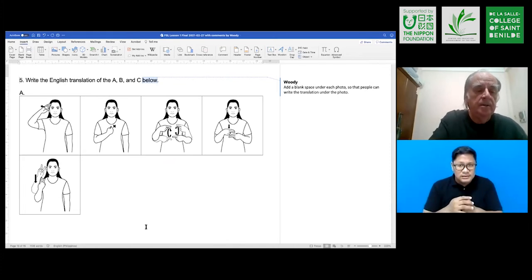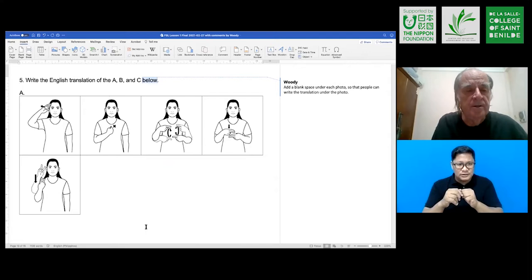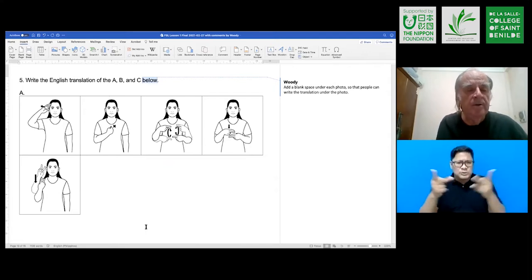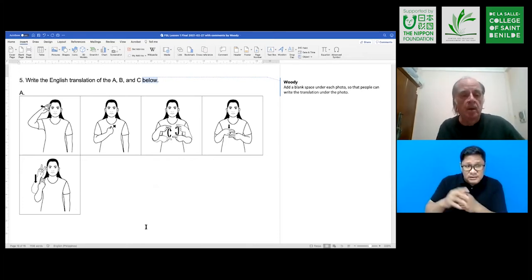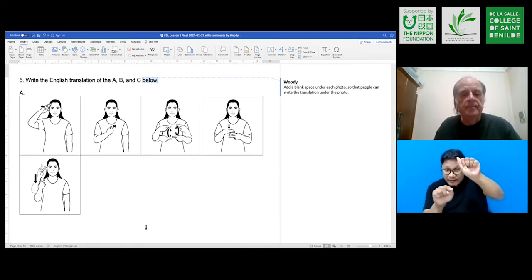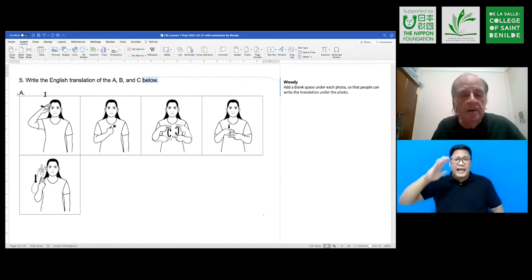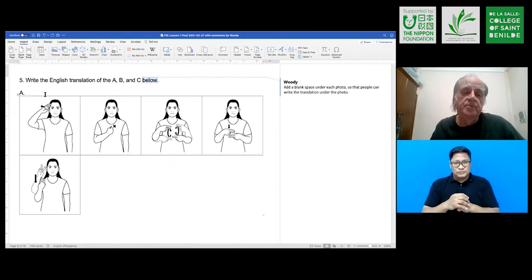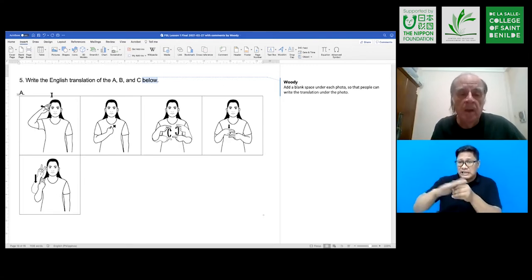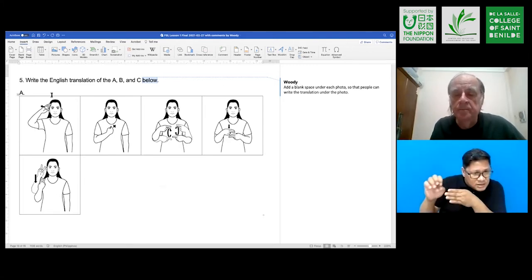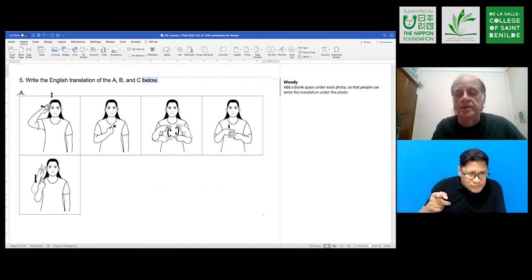I don't know where's the best place to do it. Maybe under the first part, "Hello, my sign name," and then put a space under that. Or you might not even need to do that for this sentence, because there's enough space to write it in after Kyla. So you could just write in the English translation there.